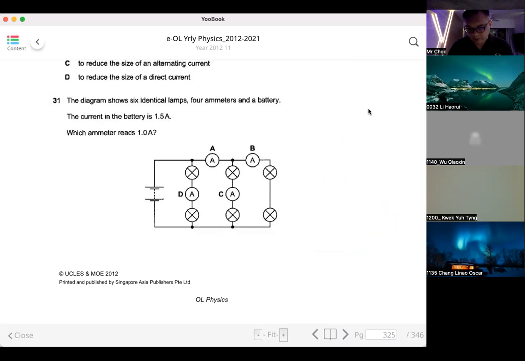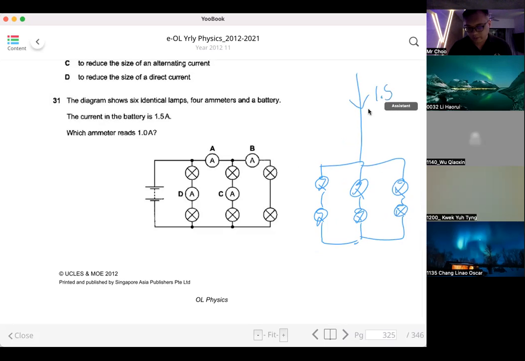But what I'm trying to tell you is that if I were to redraw like this, for example, the current coming in is 1.5 ampere and the current going out is 1.5 ampere, and these three branches are identical, have the same resistance. At this point where the current comes in and splits into three ways, are you all convinced that each way is 0.5 ampere? Are you clear about this?